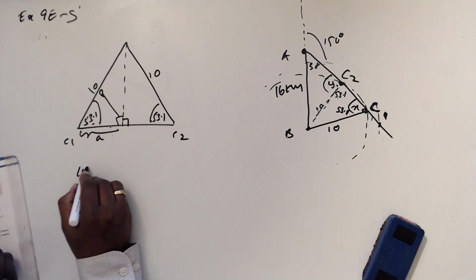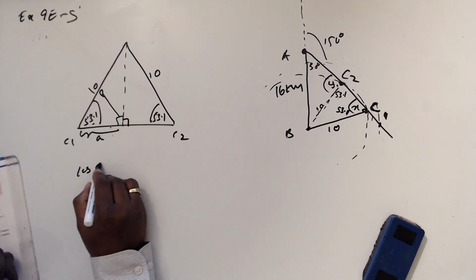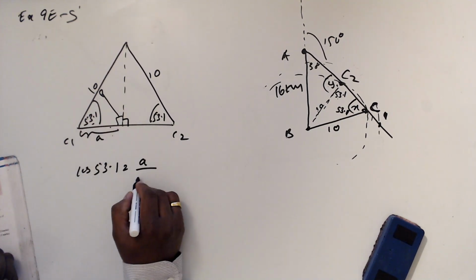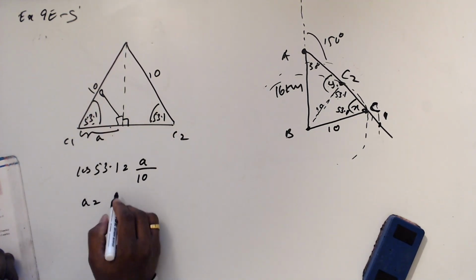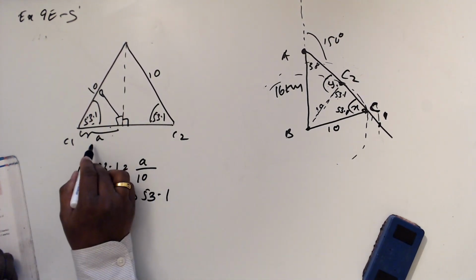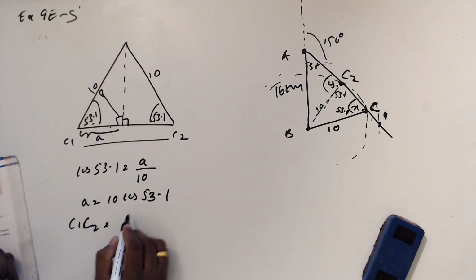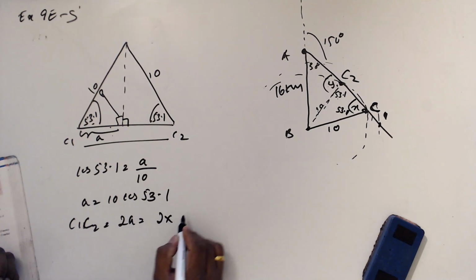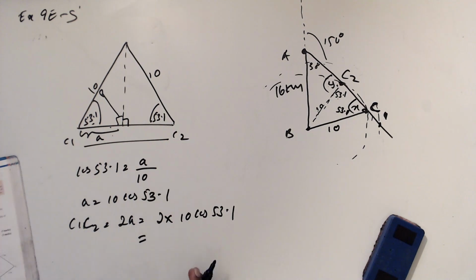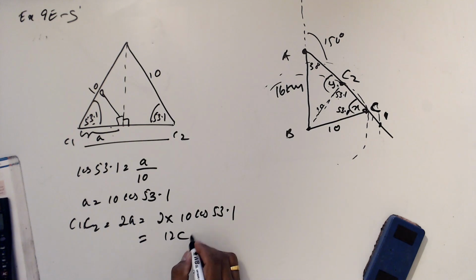Then the ratio is going to be cos, adjacent over hypotenuse. Cos 53.1 equal adjacent A divided by H, which is 10. A equal 10 cos 53.1. Then I want to double. C1C2 equal 2A equal 2 times 10 cos 53.1, which is 12 kilometers.